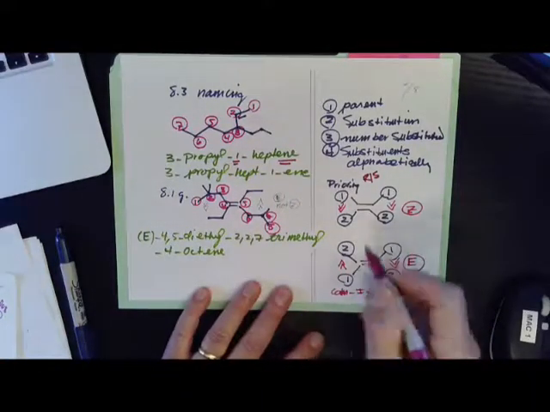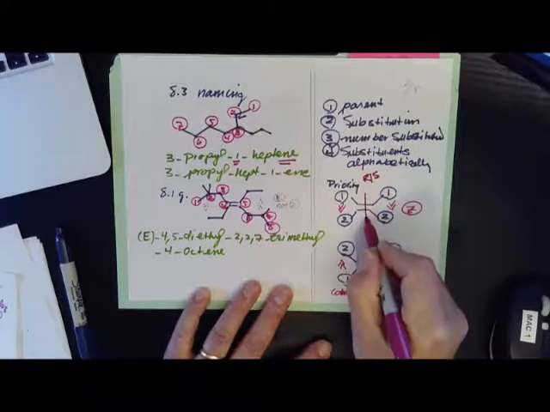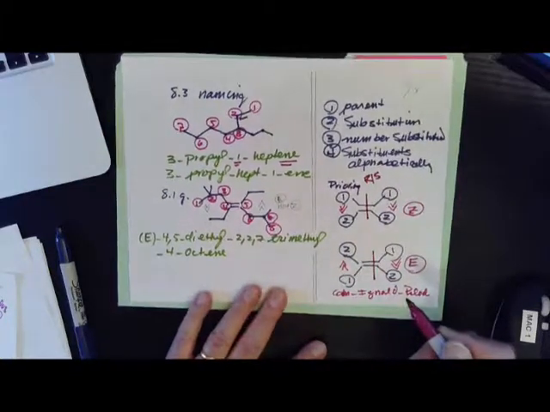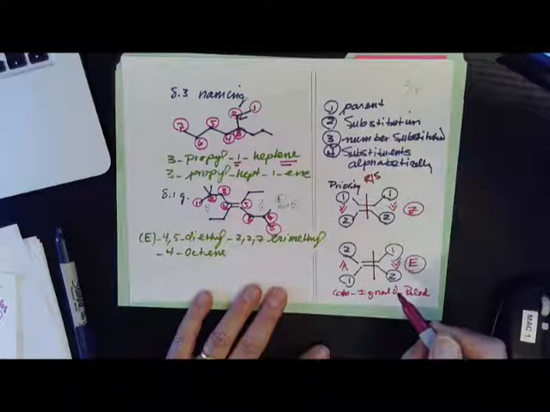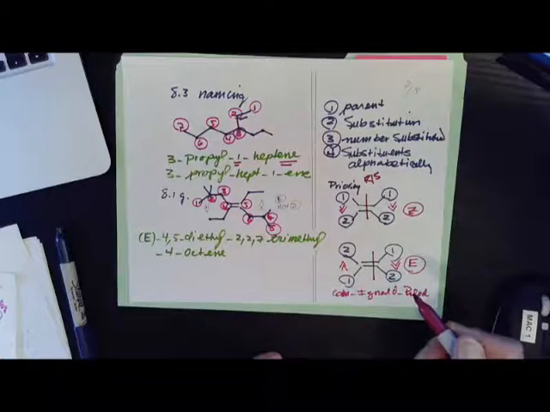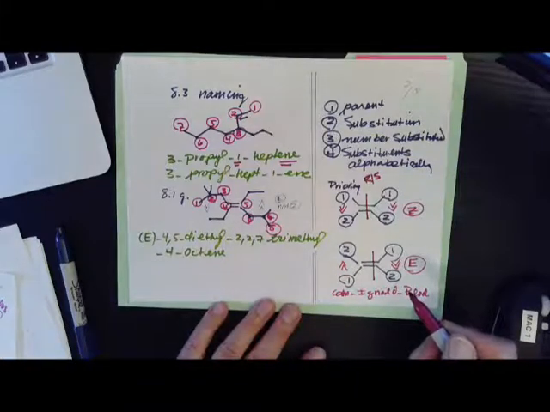If the double bond is 1 and 2, we only have 2 bonds to consider. So we draw a little line here. My suggestion is always to look at the left and then look at the right.